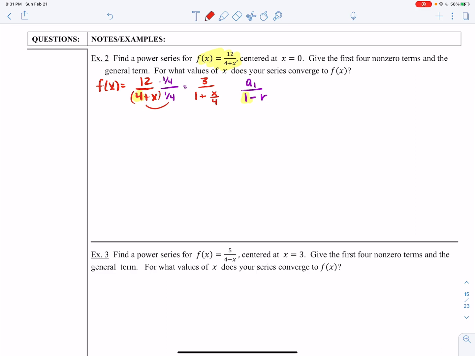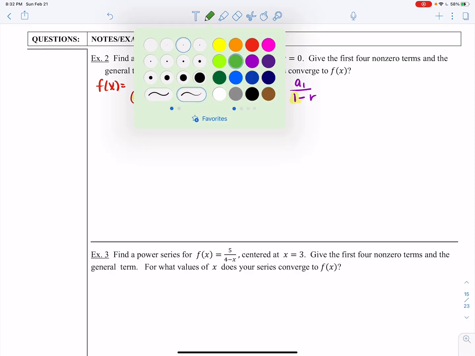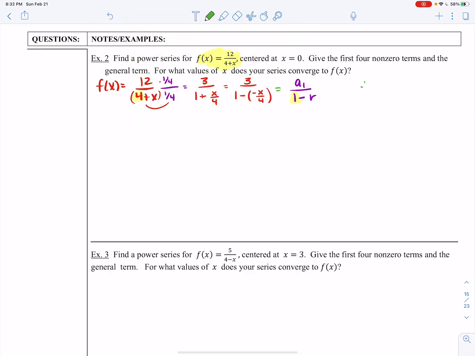Okay, so we've got a 1 there, but that still doesn't look like 1 minus r. Okay, let's turn this into 1 minus -x over 4. And now we're cooking with grease, because I can clearly see now that the first term is 3, and the common ratio is going to be -x over 4.